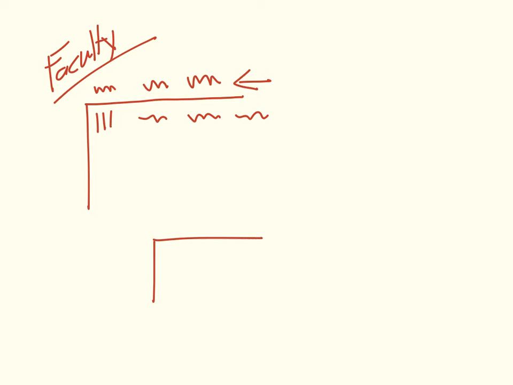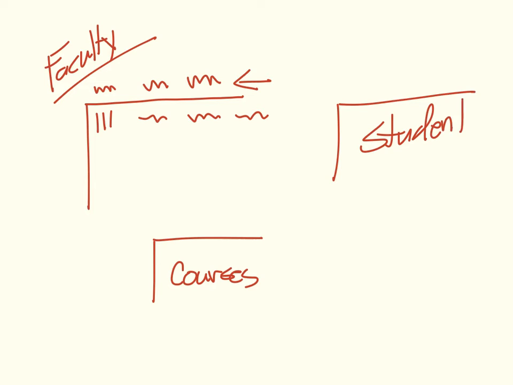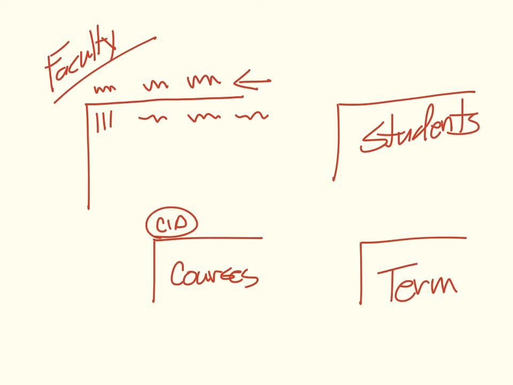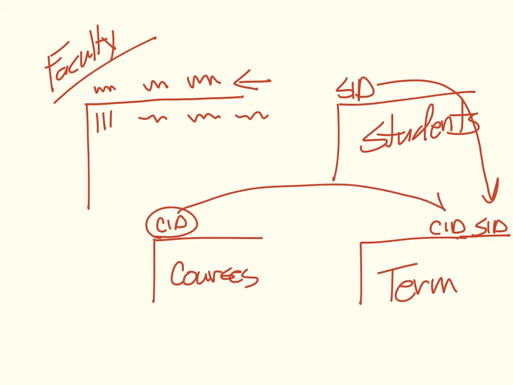We could have another table that covers information about courses, maybe another table would be students, and then we could have a table covering this particular term, in which we'd have maybe a course ID, primary key here, and a course ID which would be a foreign key here, maybe a student ID here, and then in this table a student ID here, primary key here, foreign key here.